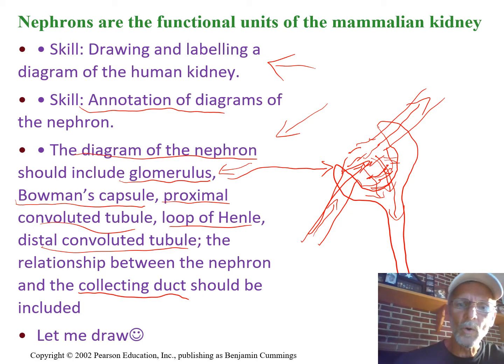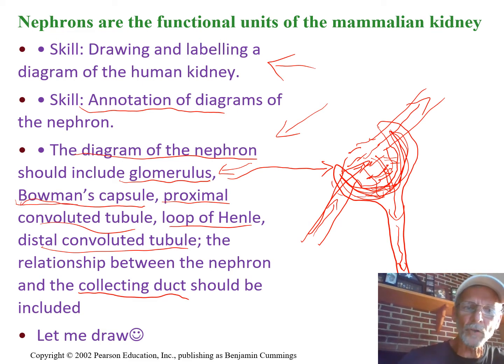Okay, so now this part of the tubule is the part that's closest to the first part, the Bowman's capsule, if I didn't name that. This expanded part is called the Bowman's capsule, named after a guy. The part of the tube that's closest to it, proximal means closest.